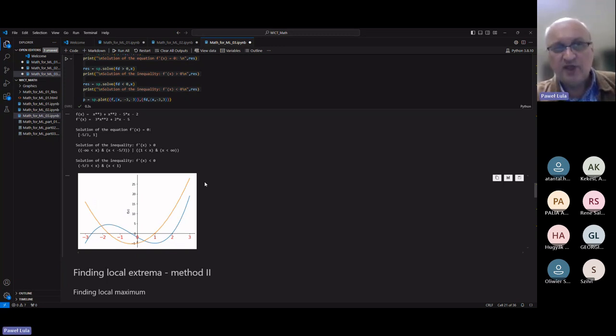So always we should remember, first to calculate derivatives, after it to solve the equation: the first derivative equal to 0. Next, we should check the way in which the sign of the first derivative changes in these points which were identified.